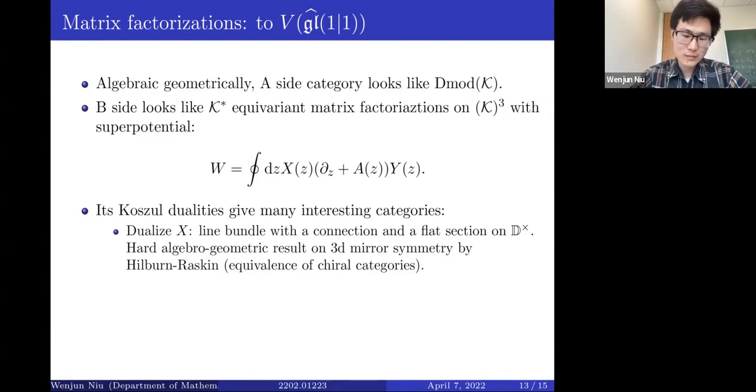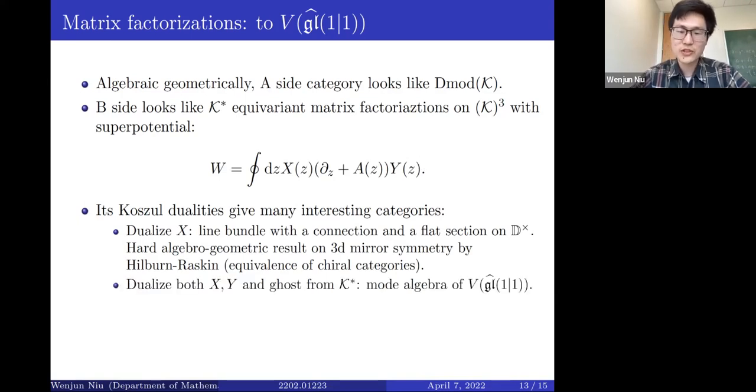And the problem is that these two categories do not have braided tensor structure. They are very, very big. And this equivalence is an equivalence of chiral categories, which is something rather mysterious to me, at least.